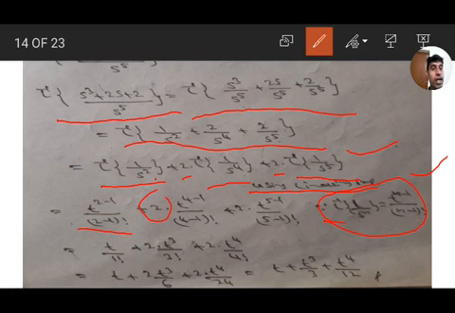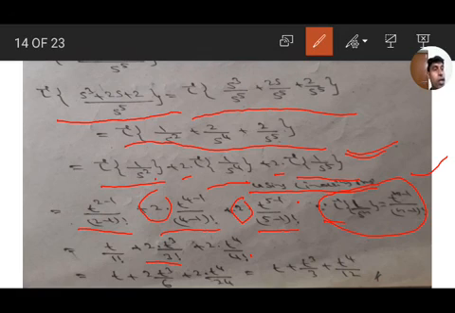In the second one, n equal to 4, t to the power of 4 minus 1 by 4 minus 1 factorial, 2 is the coefficient. In the third one, n equal to 5, t to the power of 5 minus 1 by 5 minus 1 factorial. That is t by 1 factorial, plus 2 into t cube by 3 factorial, plus 2 into t to the power of 4 by 4 factorial.